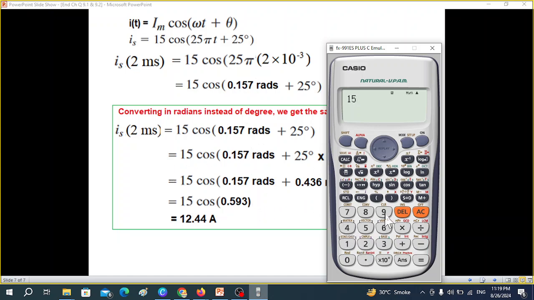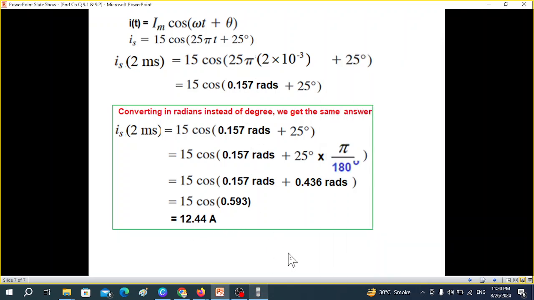So it is 15 cosine 0.593, and now it is in radians, so it will calculate, and you get the answer 12.439. So same answer. I hope you have been able to follow this.